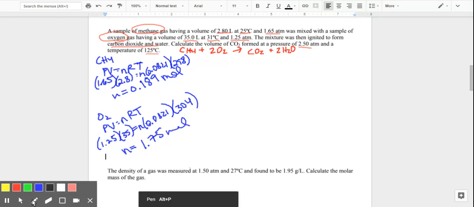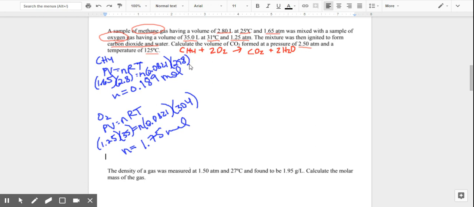Now what I have to do is look at this CH4, which I know is 0.189, and the O2, which is 1.75 moles, and figure out which one of these is my limiting reactant. Well, I can't just compare these two numbers because this is a 1-to-2 relationship.